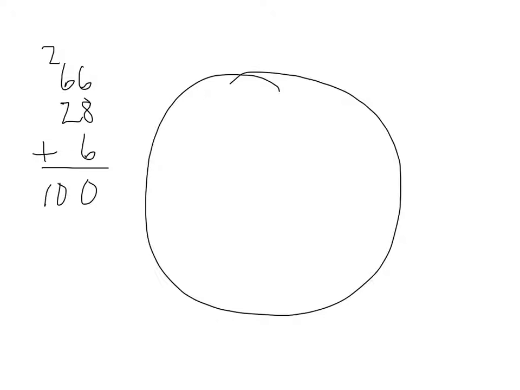yeah, so we got 100%. So we know that 28%, that's a little more than a quarter, so we could draw something slightly more than a quarter, and that would be close enough. And then we know 6% is going to be in that 1/8 of the pie zone.